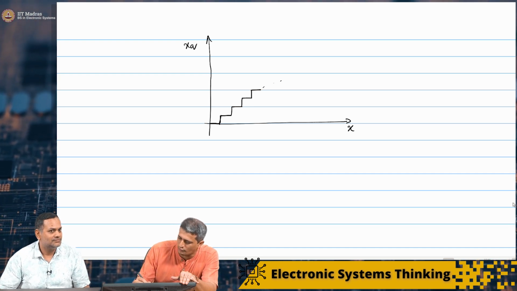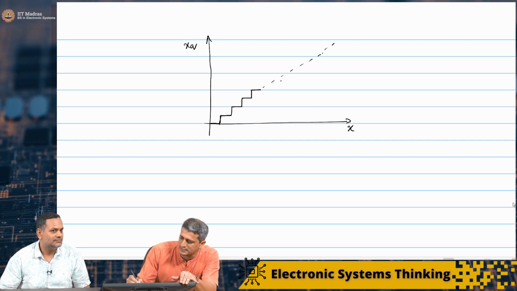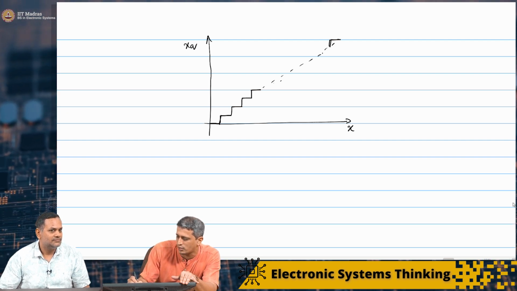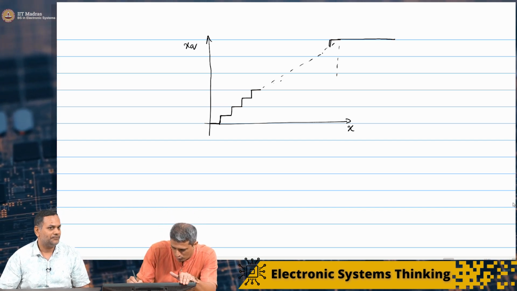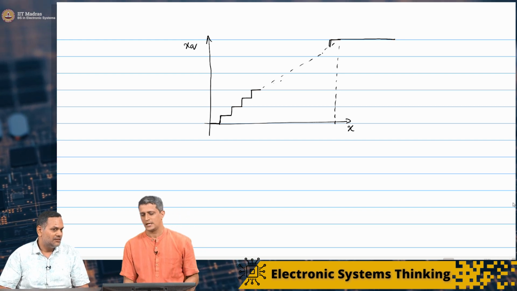You got a staircase waveform all the way, and then it would saturate. So now how do we go ahead and implement such a circuit?